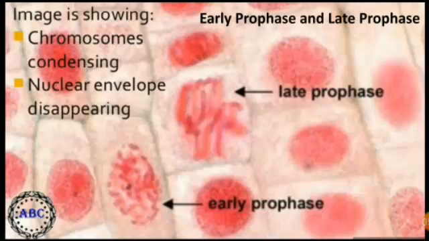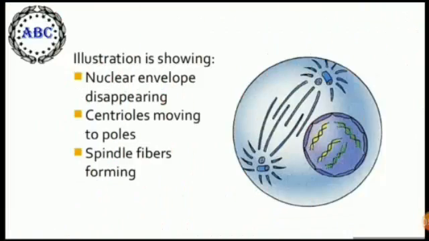In this image, we can easily understand that in early prophase, there is coiling of chromatin material and the nuclear membrane is also there. But in late prophase, the nuclear membrane and nucleolus disappear and coiling of chromosomes is very well identified. That means the nuclear envelope disappears, centrioles move to the poles and spindle fibers are formed.